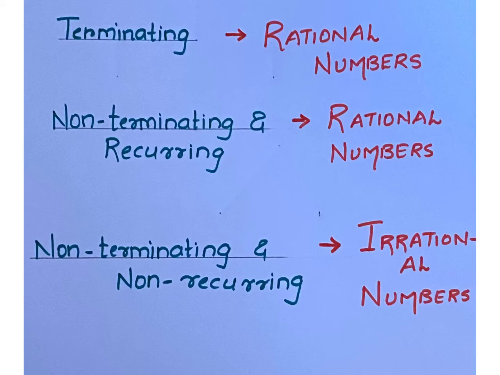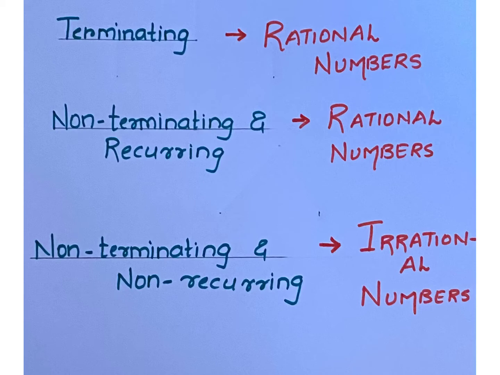If a decimal is a terminating decimal, it can be represented in the form p by q and it is a rational number. If it is non-terminating and recurring, meaning the division does not end but the digit or digits are repeated, it can also be represented in the form p by q. Therefore, it comes under the category of rational numbers.